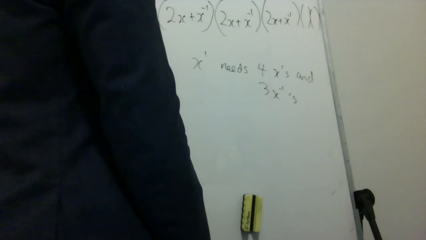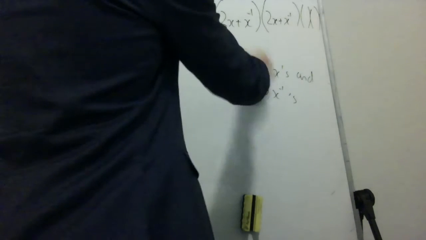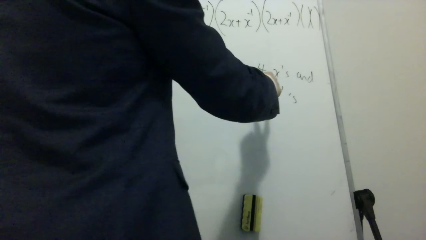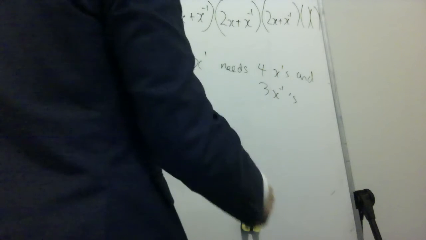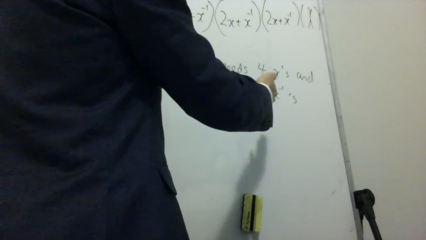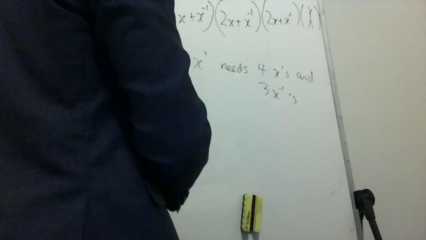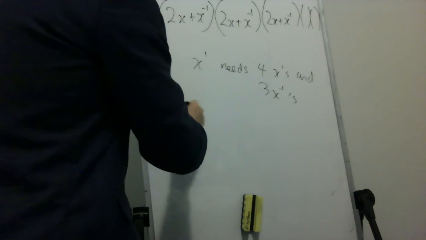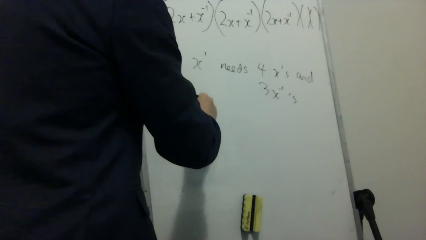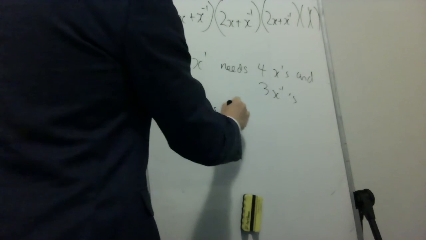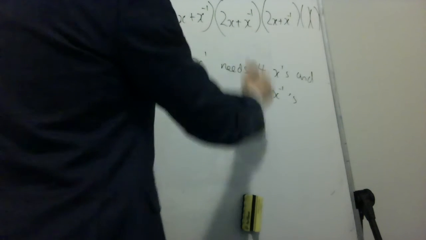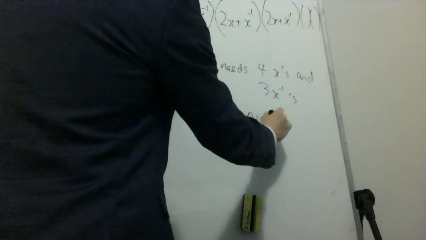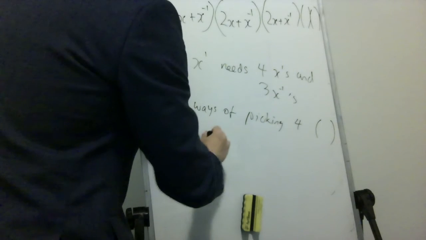Well, you can get any 4 of these brackets to give you those x's, right? So the number of ways of doing it is 7 choose 4. Okay, so there's 7 choose 4 ways of picking 4 brackets to supply the x.